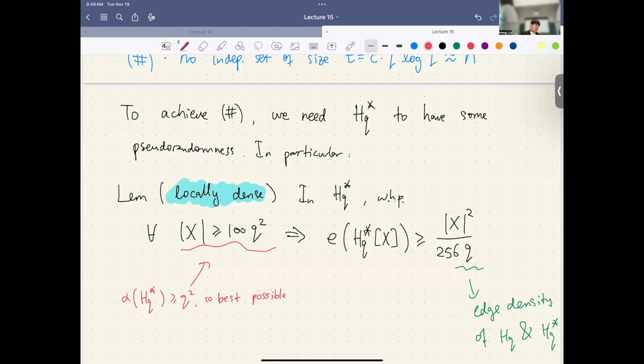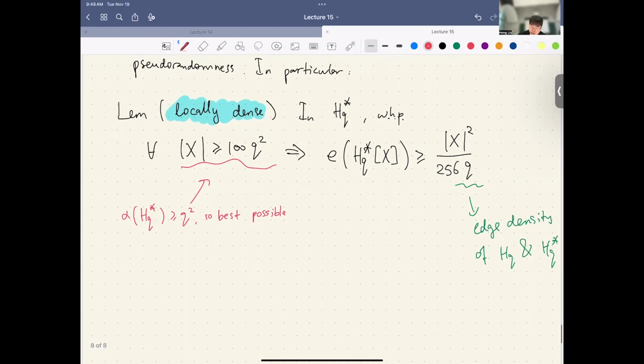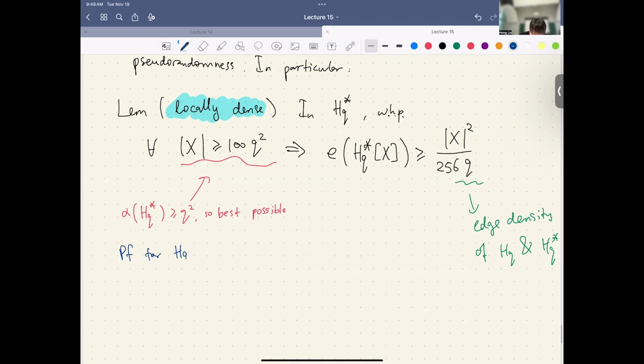Let me first convince you why this is correct, why this is believable. Let's prove it like a pseudo proof, for HQ, not HQ star.